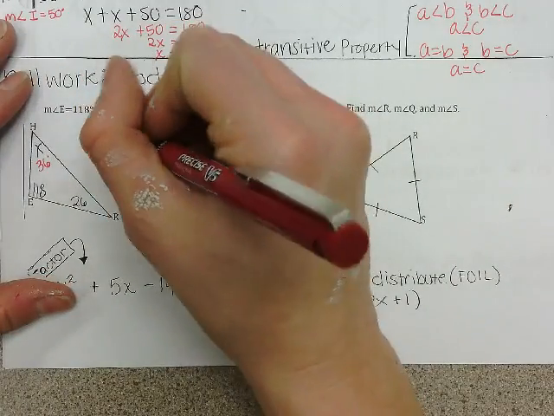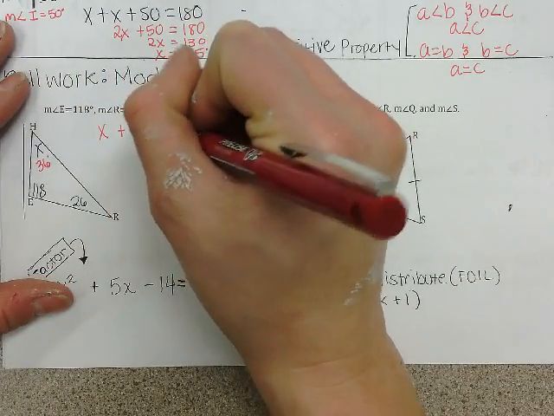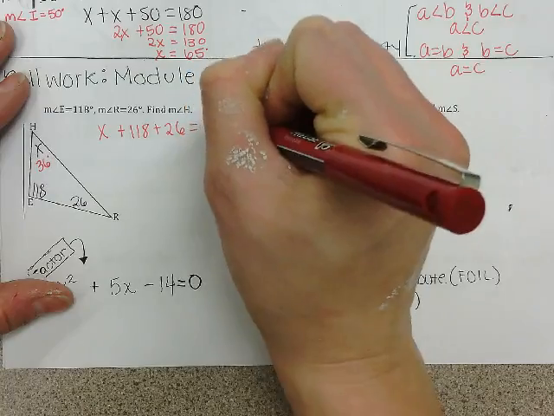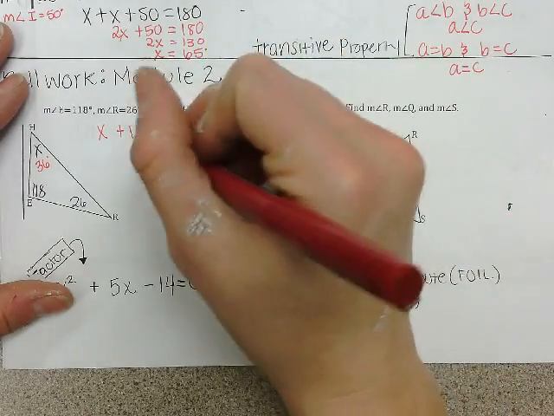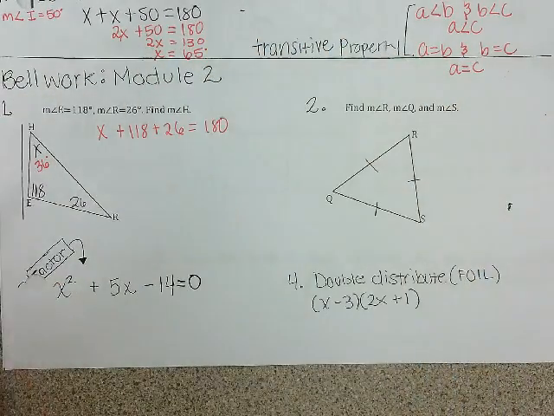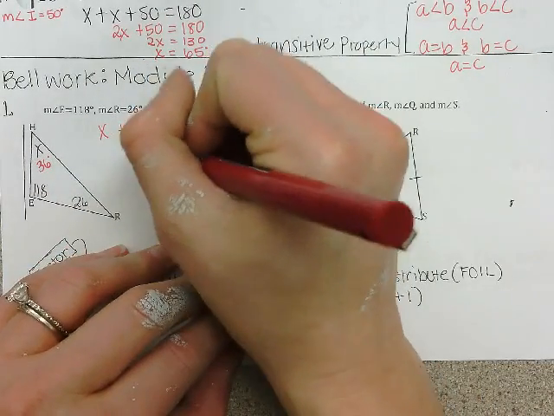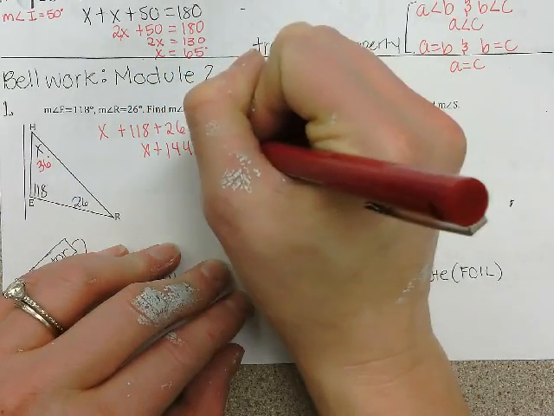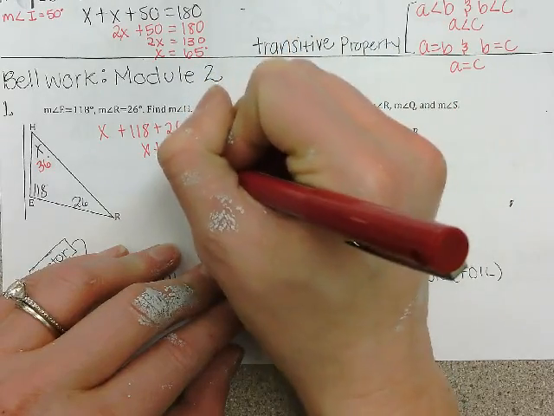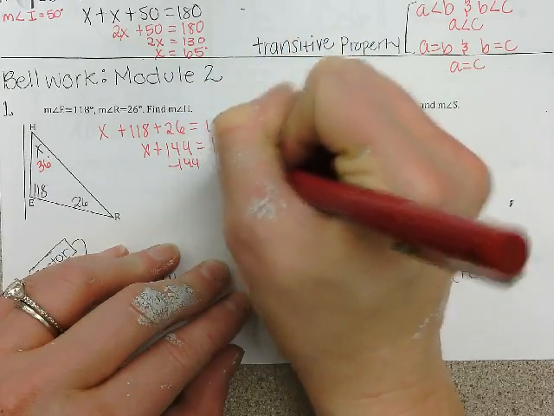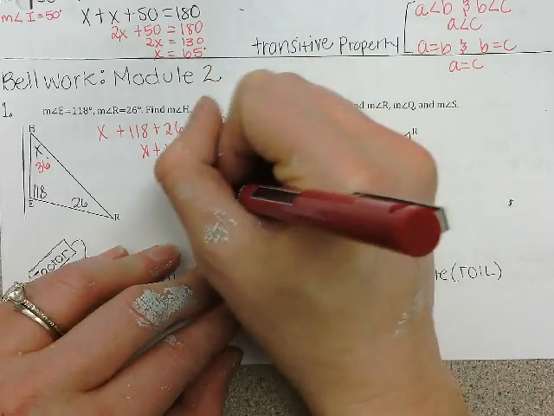So it should have been x plus 118 plus 26 equals 180. And then if I subtract those from both sides, so 118 plus 26, x plus 144 equals 180, subtract 144, I get x equals 36.